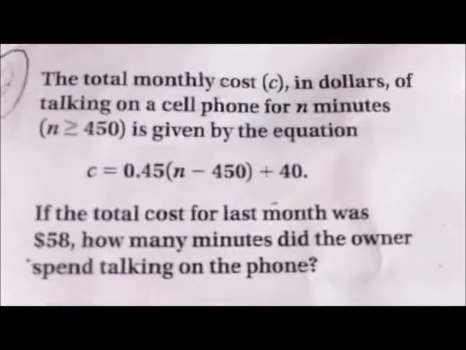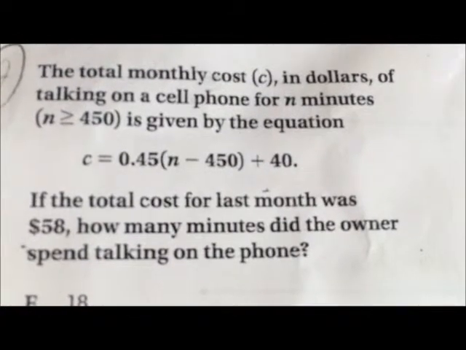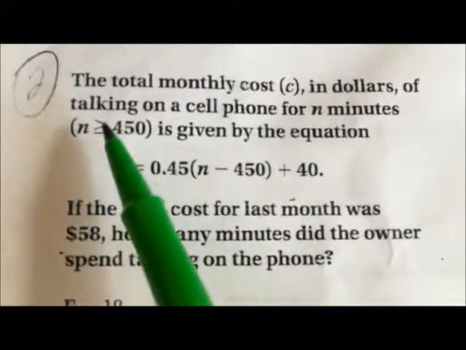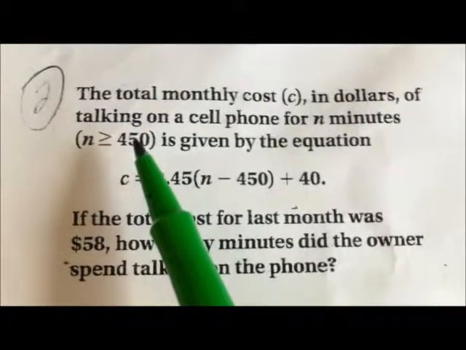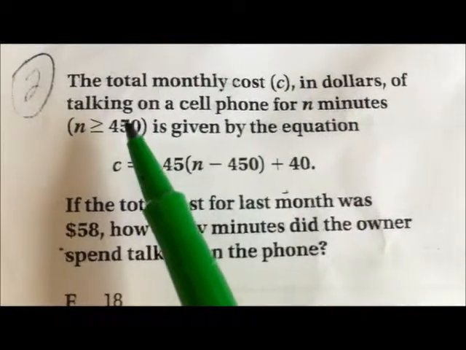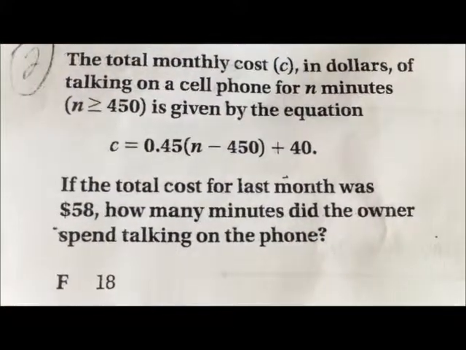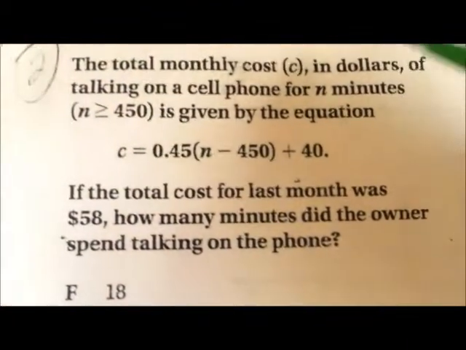Number 2, the total monthly cost, which is represented by the letter C in dollars, of talking on a cell phone for N minutes. And this says N is greater than or equal to 450, which tells me that the number of minutes is equal to 450 or greater than 450, is given by the equation below.